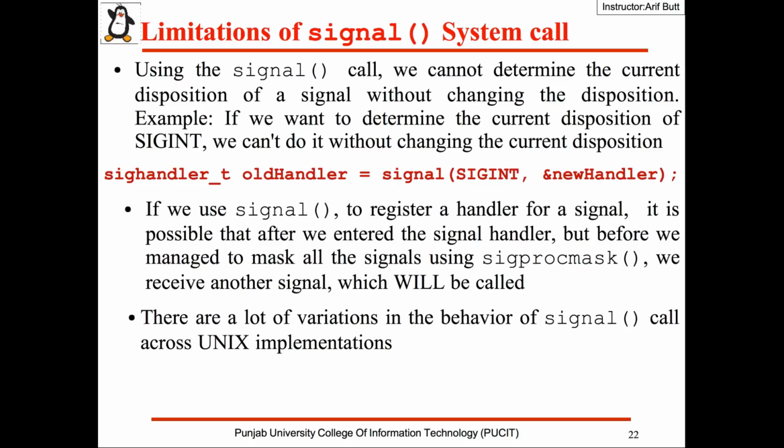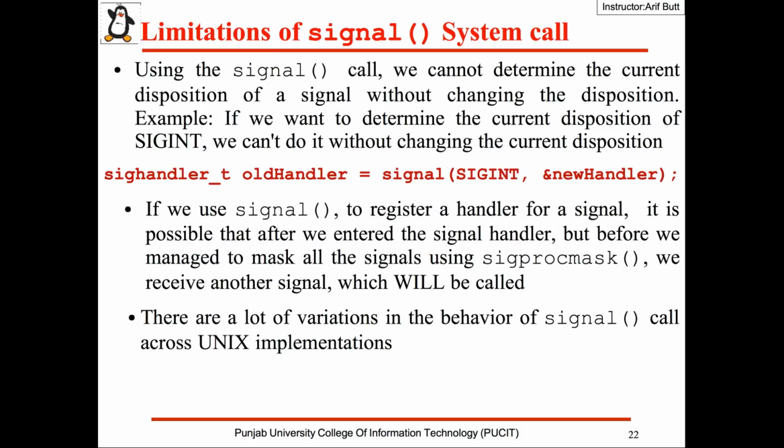The second limitation is, if we use signal to register a handler for a signal, it is possible that after we enter the signal handler, but before we manage to mask all the signals using SigProcMask, we may receive another signal.